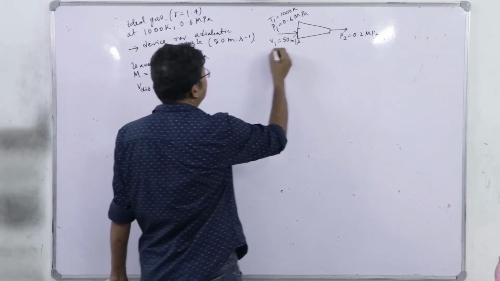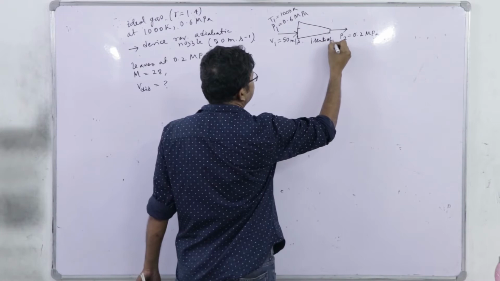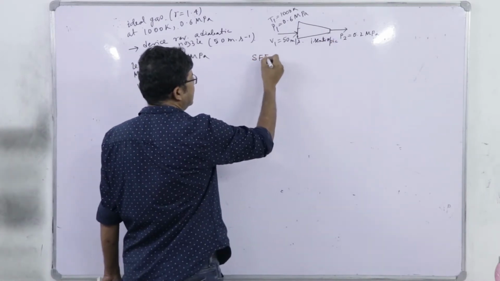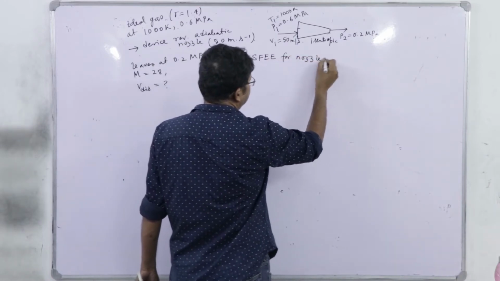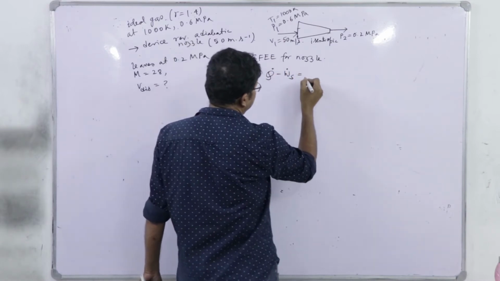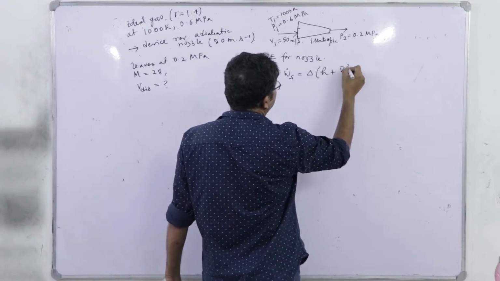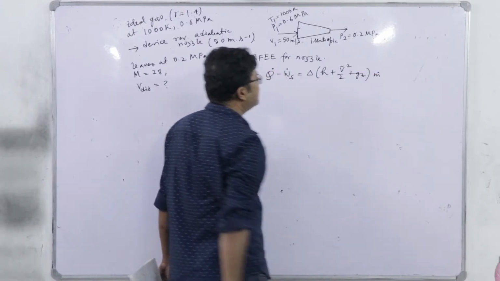So, C, and it is an isentropic nozzle. The SFE for nozzle, the general SFE is Q dot minus W dot S equal to delta of H plus V bar square by 2 plus g Z, into M dot.